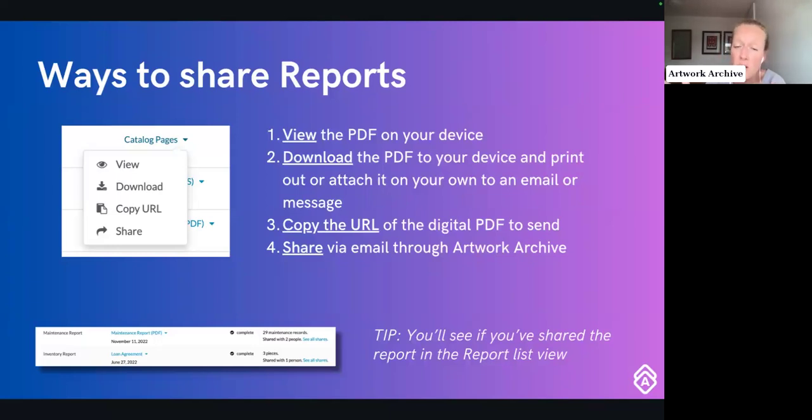You can copy the URL of the digital PDF to send, or you can share it directly via email through Artwork Archive. If you do share it directly from Artwork Archive, we track that you have shared it and to whom you shared it. You'll see that in the report list, as you can see in the screenshot below.